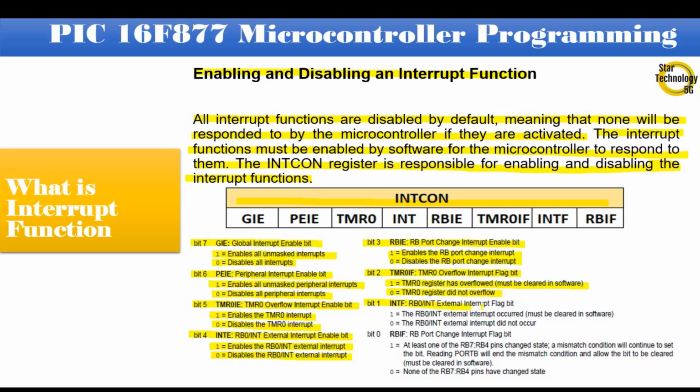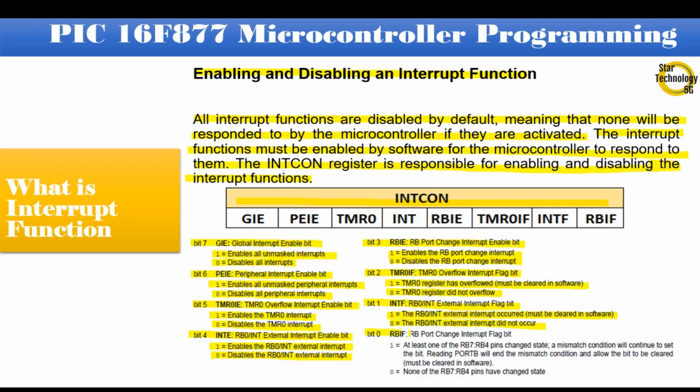Bit 1, INTF, RB0/INT External Interrupt Function Flag Bit. 1 means the RB0/INT External Interrupt Function occurred, must be cleared in software. 0 means it did not occur.